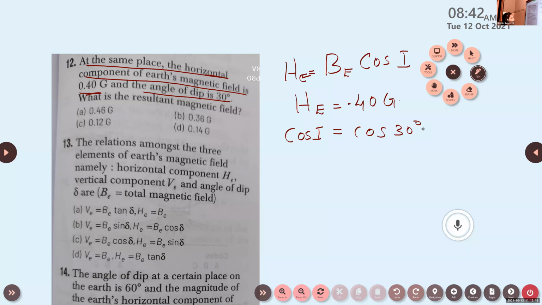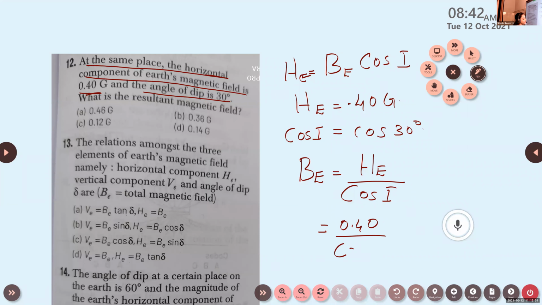Therefore, what about the resultant magnetic field? BE = HE divided by cos I, that is equal to 0.40 divided by cos 30.